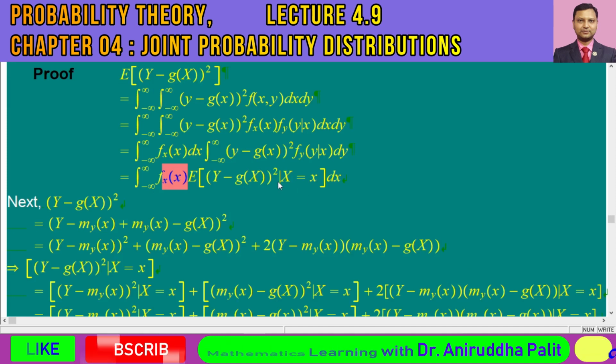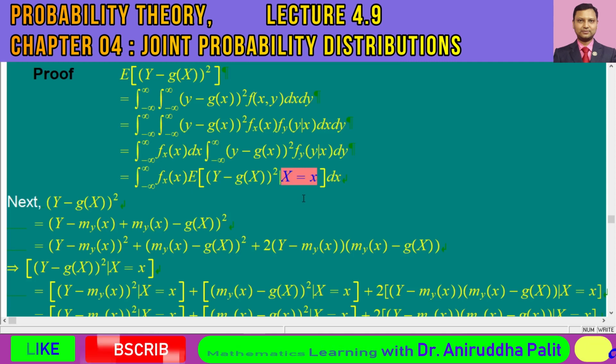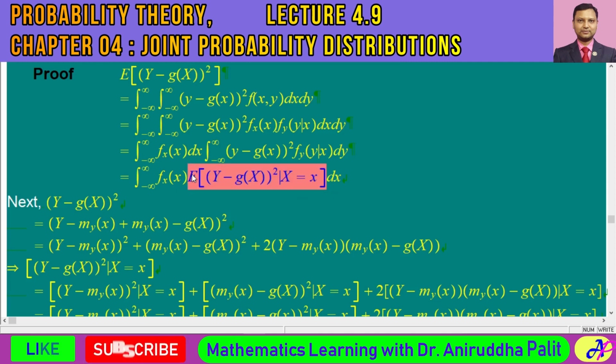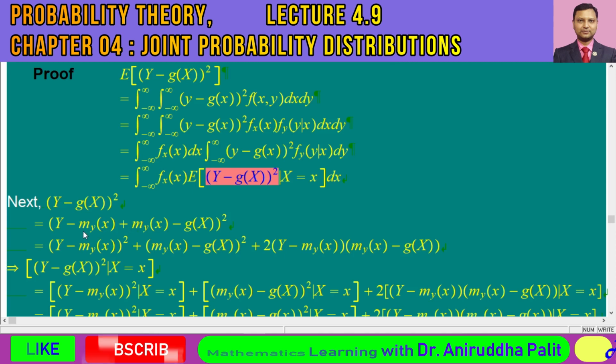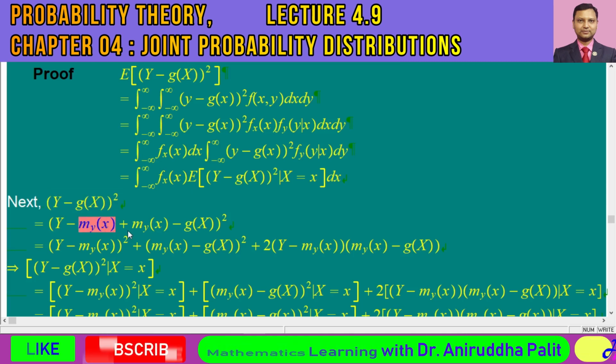Now let us try to decompose this expression (y minus g(x)) whole square, and after decomposing, we shall put X is equal to small x, and finally we shall compute the expectation over x. How to decompose it? Let us write y minus g(x) as: we are just subtracting mu y of x, this is the conditional mean of y given capital X is equal to small x, and then adding this one minus g(x).